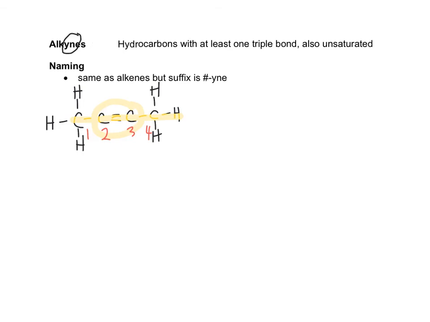And for this one, it doesn't matter which end you count from, it's still the same number. It starts after carbon number 2. So this is called but for 4 carbons, 2 because the triple bond comes after the second carbon, and then YNE. So this is but-2-yne.